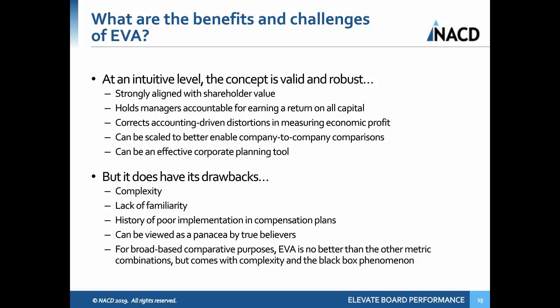And the final point here, which I think has all of us making sure we understand what's coming around the corner, is that for broad-based comparative purposes, EVA really isn't any better than any other set of metric combinations for evaluating executive compensation, but it comes with that additional complexity and the additional black box phenomenon that a dollar of EVA may come from different sources. We're not quite sure from looking at EVA where it comes from. So there are some drawbacks that we need to be aware of.